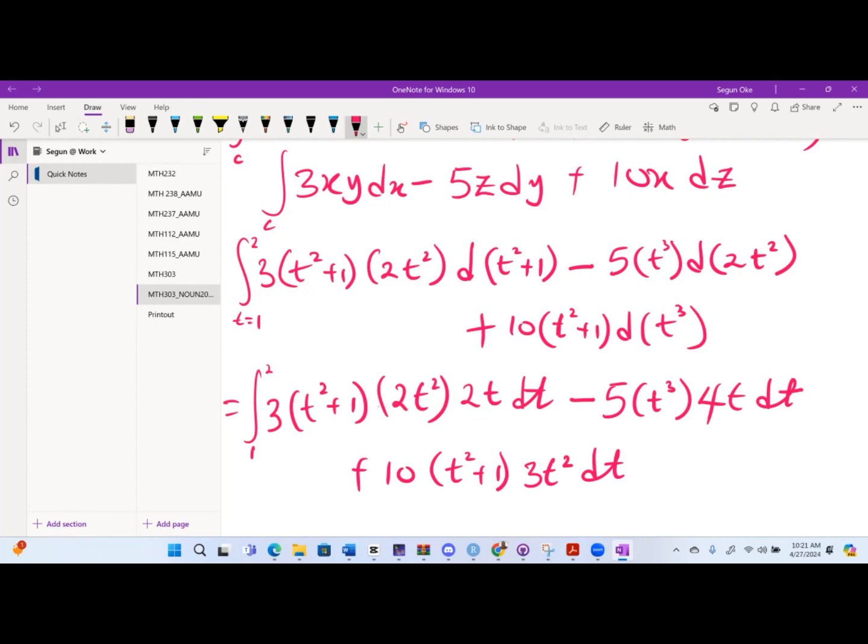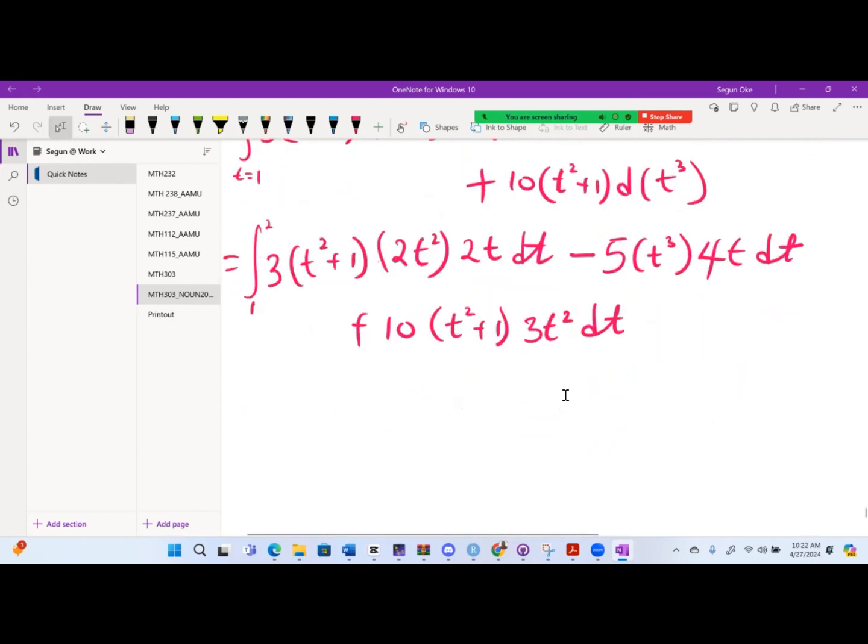So I can now go ahead and get it done. What will I have? Do we need to open the bracket of the one with plus 1 first, or integrate it the way it is?